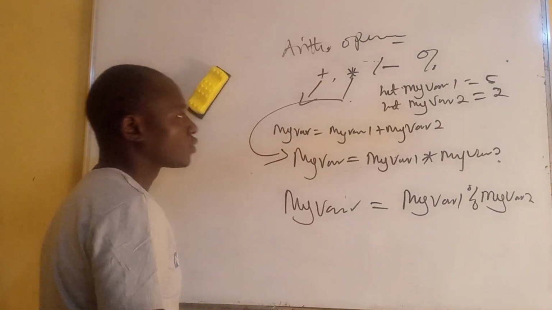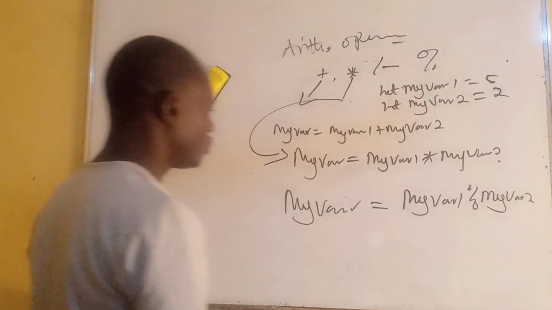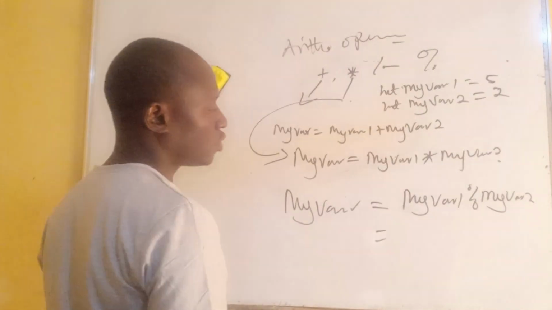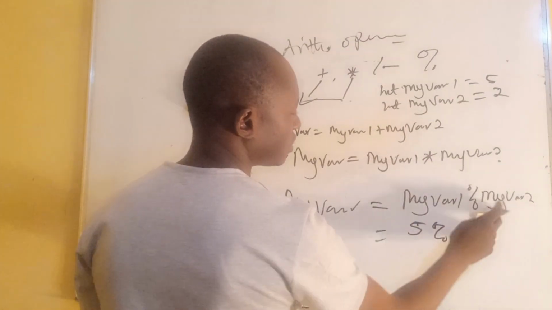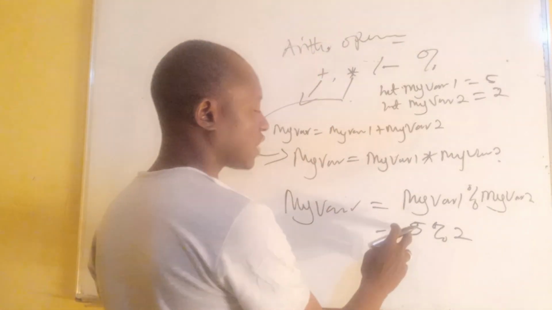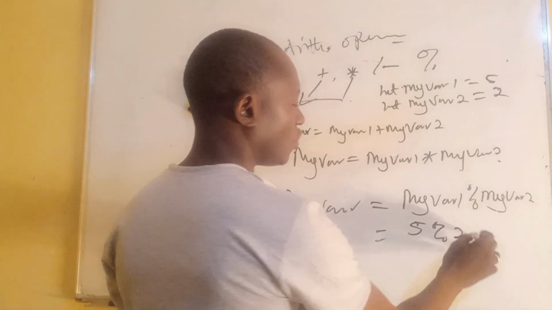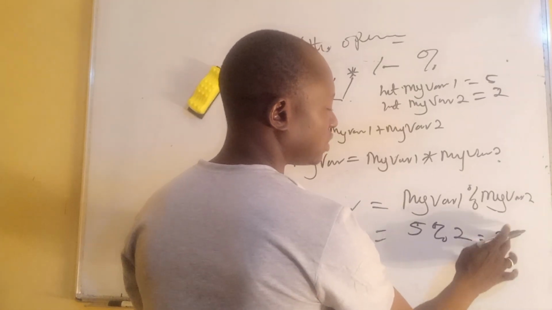Are we together? So, here if you come to this, you know it will be equals to 5 modular what? 2. In essence, what it's doing here is going to take 5 and divide it by 2, which usually is going to be 2.5. But there is nothing to what?